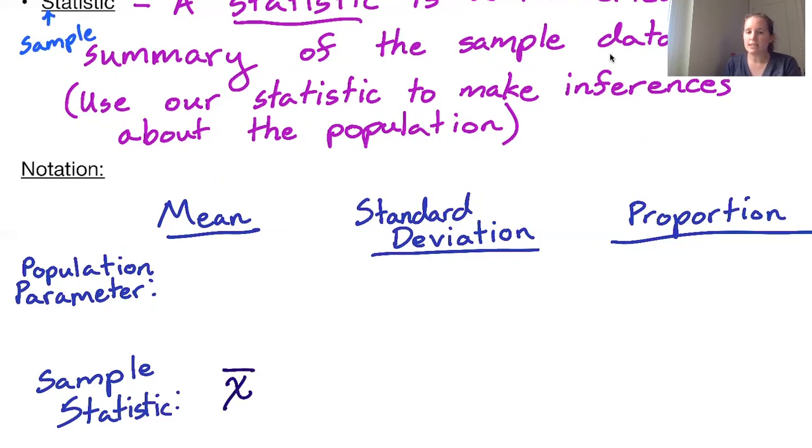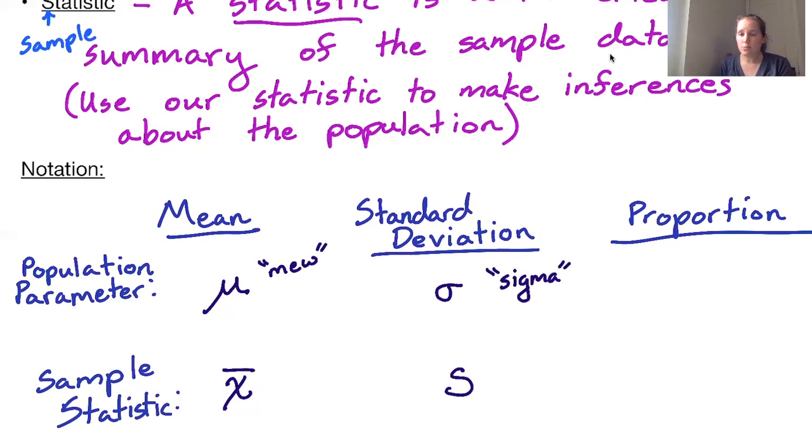And our sample statistic for standard deviation was simply an S. The population parameter, this is what we saw when we were studying probability. The mean was the Greek letter mu, and standard deviation is the Greek letter sigma.